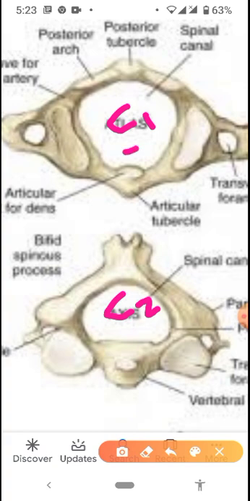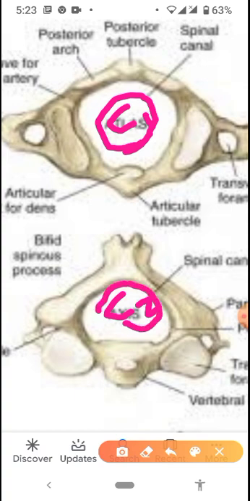The first cervical vertebra is also called the atlas and the second cervical vertebra is also called the axis. The atlas makes a joint with the occipital bone of the skull, so this one is the atlanto-occipital joint. And the axis forms a joint with C1, and that's why this joint is the atlantoaxial joint.